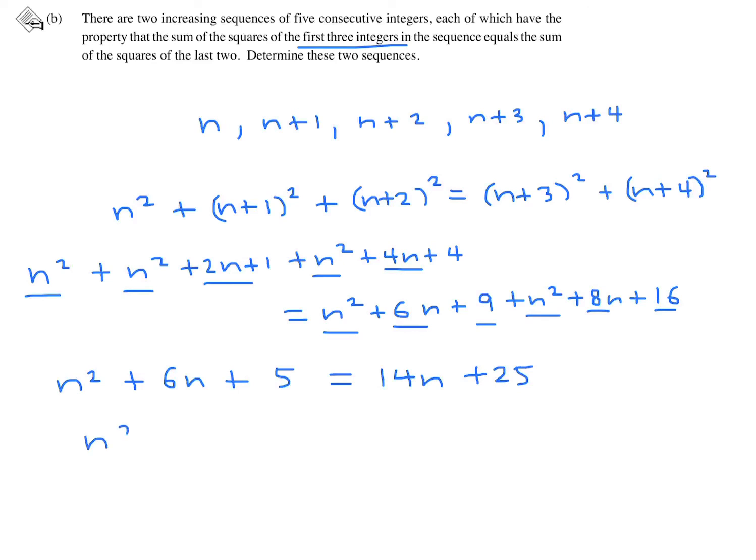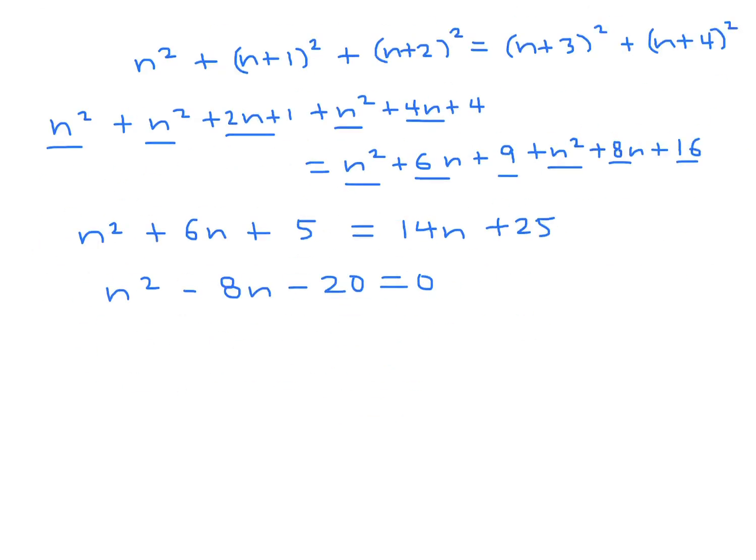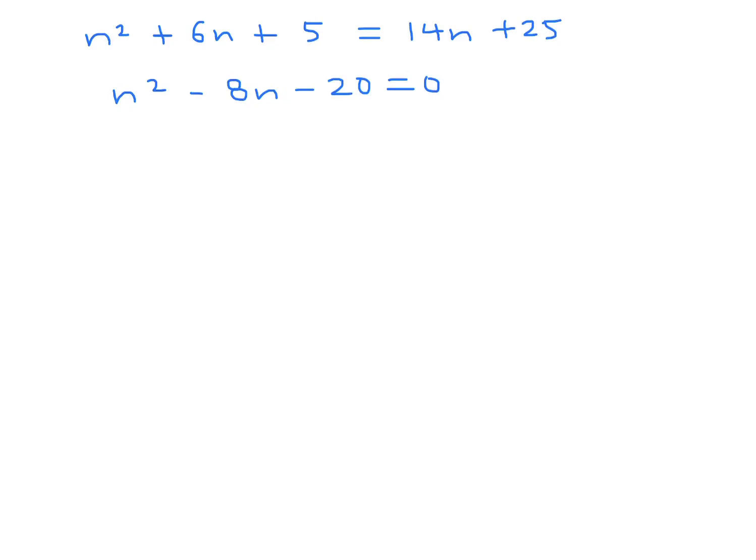So n squared, 6 minus 14 is minus 8n, 5 minus 25 is minus 20. Can this factor? Maybe. Let's see here. n, 10 and 2, minus, plus. There you go. So that means n is either 10 or n is negative 2.